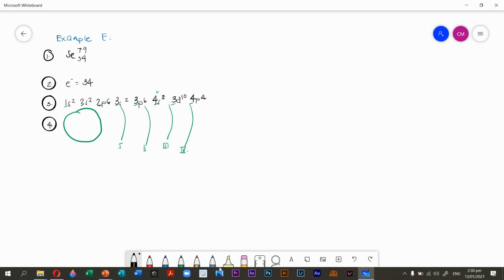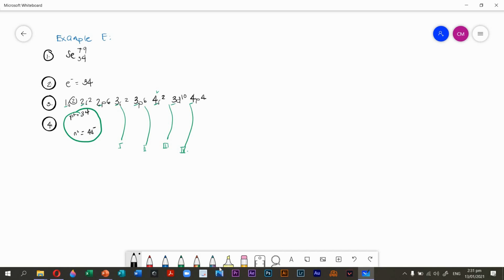Alright, so we begin with the usual number of protons. How many are there? There are 34. Very good. And then the number of neutrons, how many are there? 45. So 34 plus 45 is going to result to 79. Tama ba? Okay. Now, for the first energy level, there are 2 electrons.